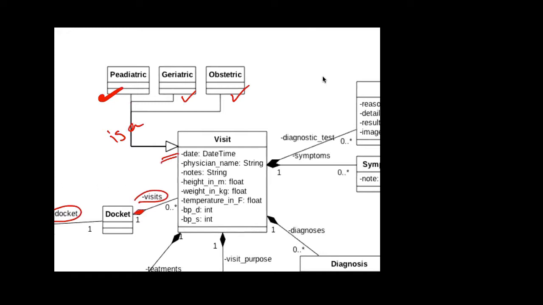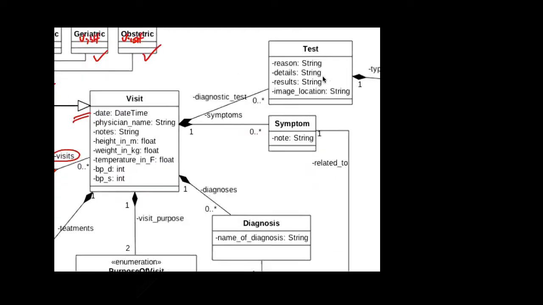Right, children of is not the best way to describe it because aggregation relationships are hierarchical relationships as well. The main thing you want to make sure is that there is a relationship. So for clarity, instead of pediatric, we could call them pediatric visits, geriatric visits. It would be a little more obvious what kind of relationship we're talking about.